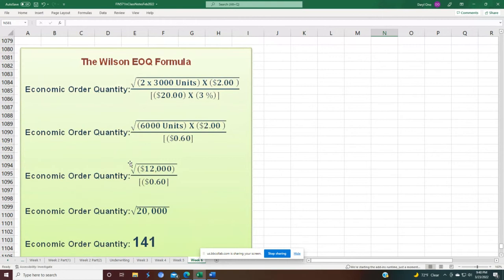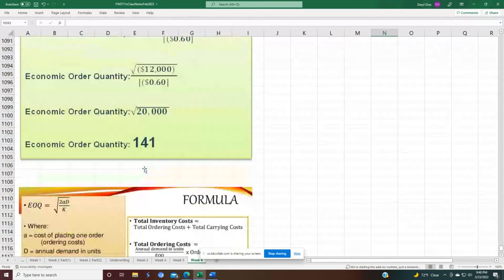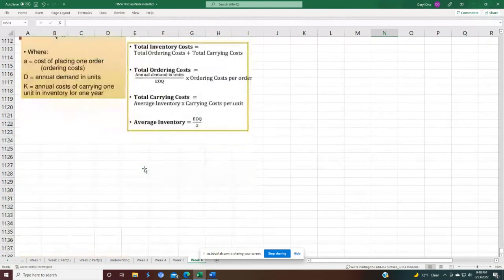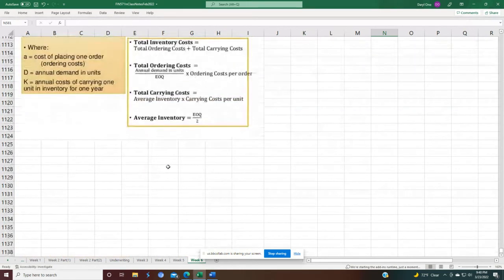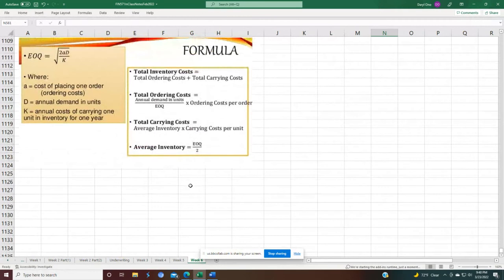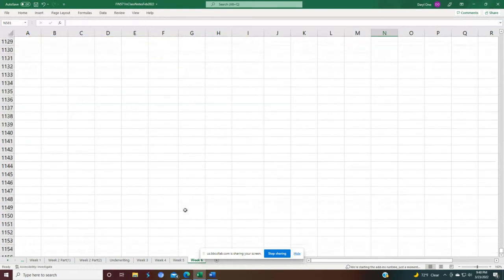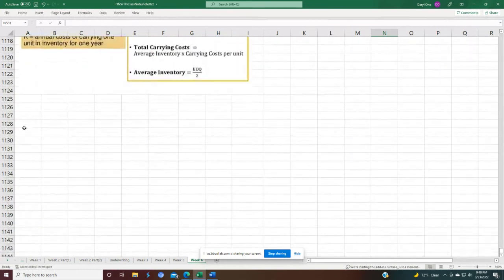They didn't have to do the master budget because they were doing this financial analysis, and that was good enough for the capstone. Okay, so any questions? All right, so we have the other formulas here. Do I need any formulas down here? No? All right, so let's do an example.